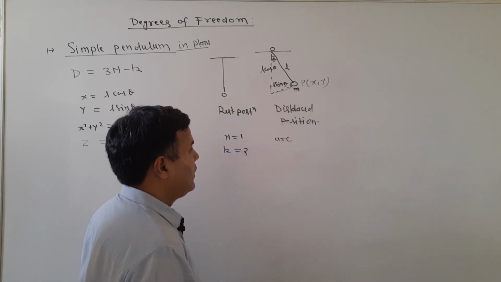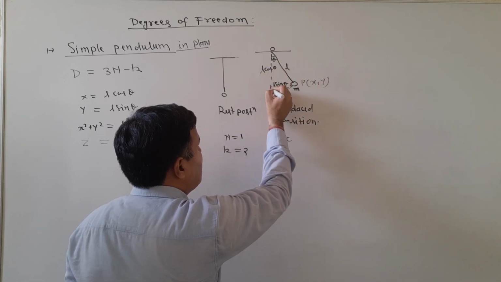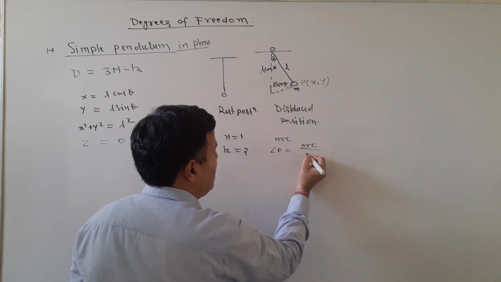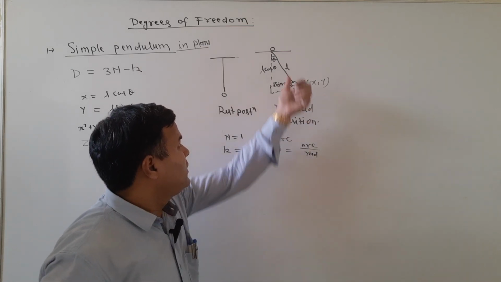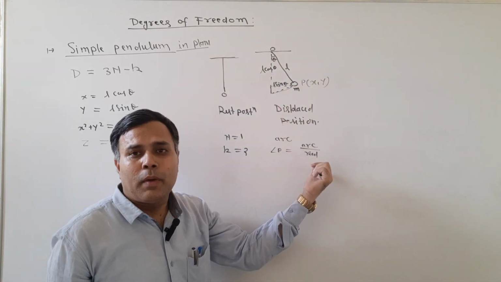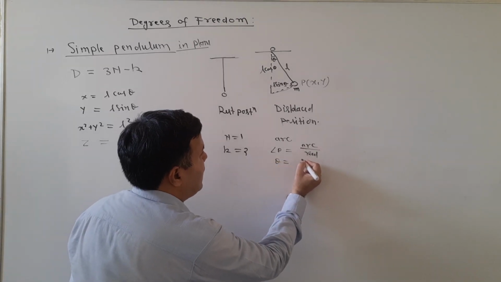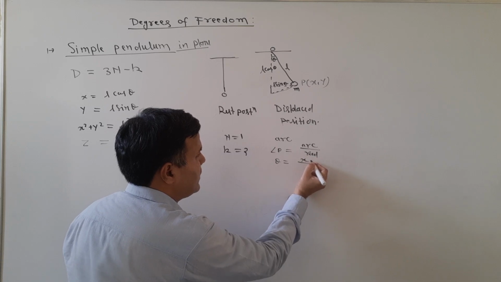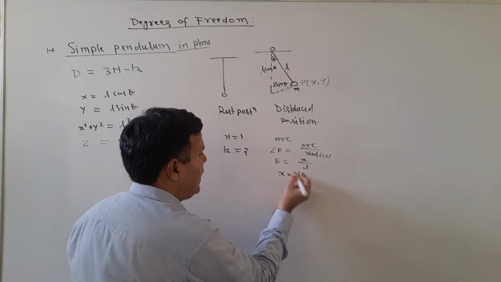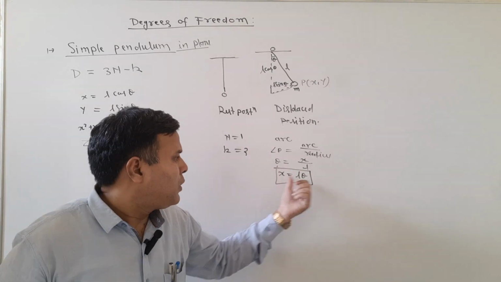Angle equals arc upon radius, and the radius in this case is L. So theta is arc, arc is x, and radius is L. So x equal to L theta. So this is another way to find the relation between x and theta.